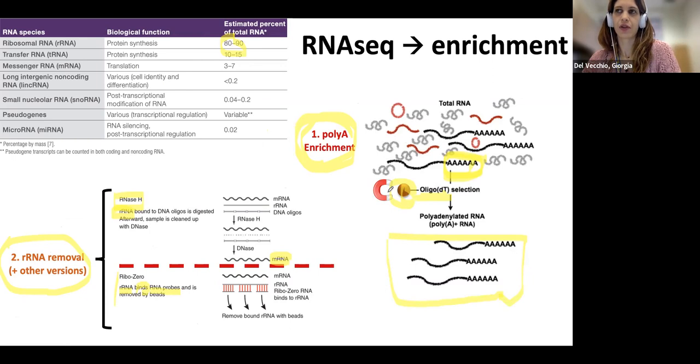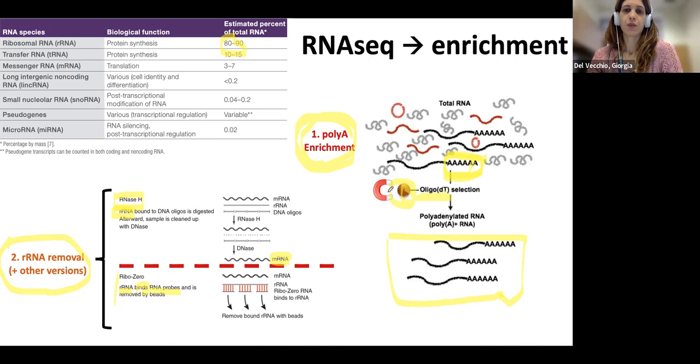So there is no reason of performing a ribosomal depletion because ribosomal RNA don't have the A tail. So you already removed them with the poly A enrichment. Ribosomal removal, you are removing the ribosomal and keeping the messenger RNA. So once you have the messenger RNA, doesn't really make sense to go through an oligo-dT capture because you already have your messenger RNA. So you don't usually combine them.